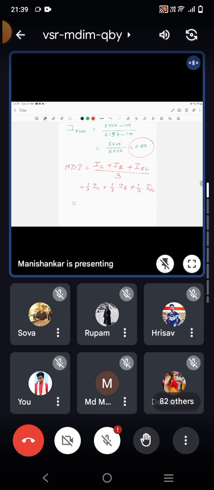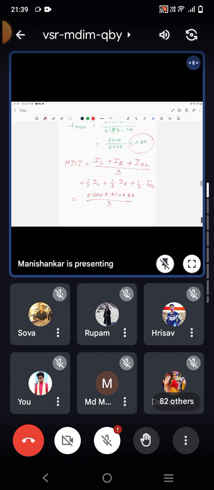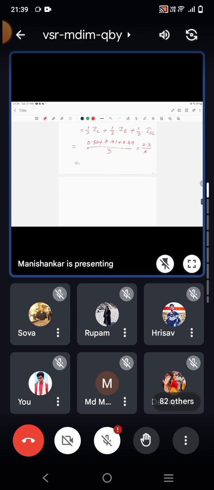Someone who likes a particular indicator may find it more effective, the second one may be less effective. So now calculate the value: 0.5 plus 0.91 plus 0.89 by 3, that is 2.3 by 3, so 0.76, that is 0.77.